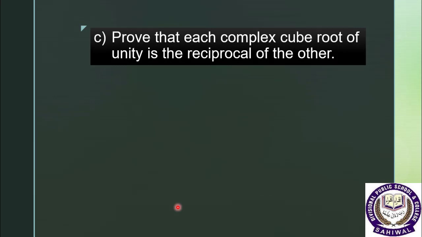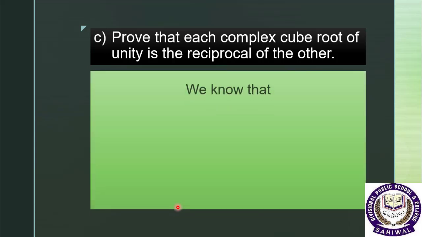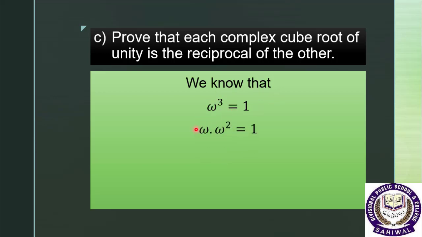And the next property, we have to prove that each complex cube root of unity is the reciprocal of the other. As we know that omega cubed is equal to 1, or we can write it as 1 times omega squared is equal to 1, or simply omega multiplied by omega squared is equal to 1.